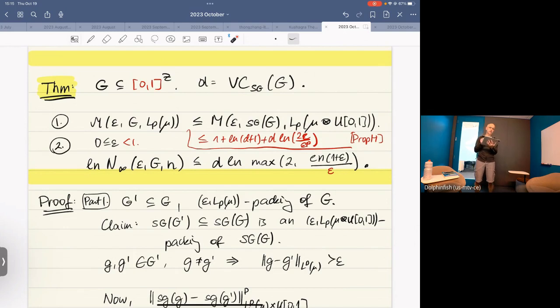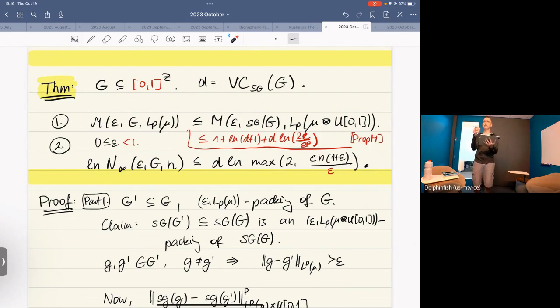Then it turns out that that can be related to the packing number of the subgraph associated with your real valued functions. Okay. And you have to change the metric. The measure in the metric gets changed. How? It's going to be a product measure.